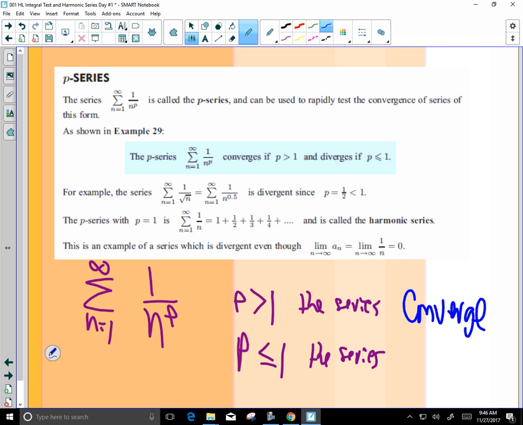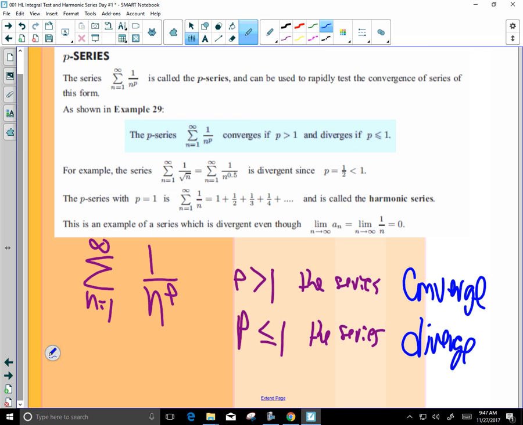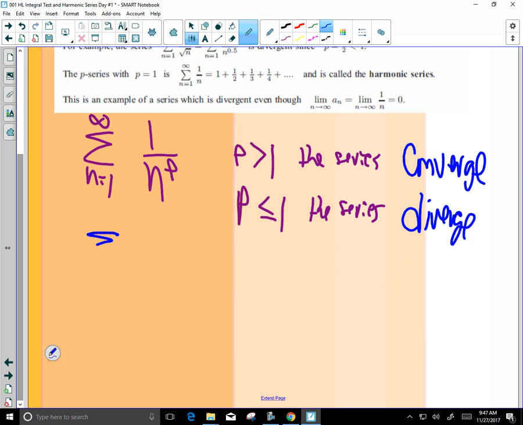And if it's less than or equal to 1, it's going to diverge. You remember those. And I'd even put another one here: the sum as n goes from 1 to infinity of n to the p. What is p going to be to converge this time?